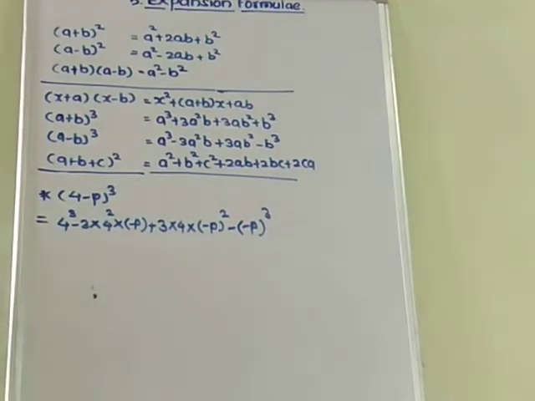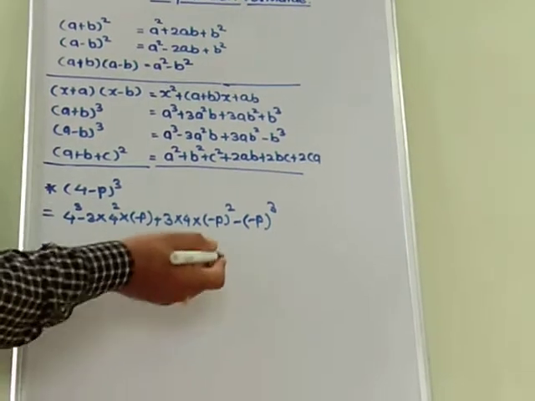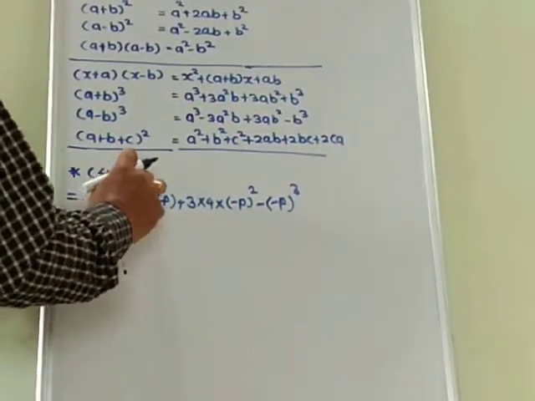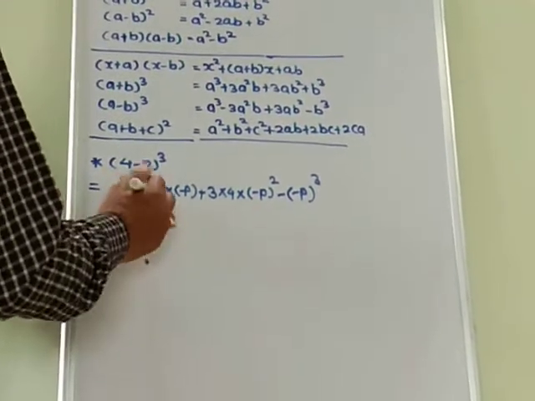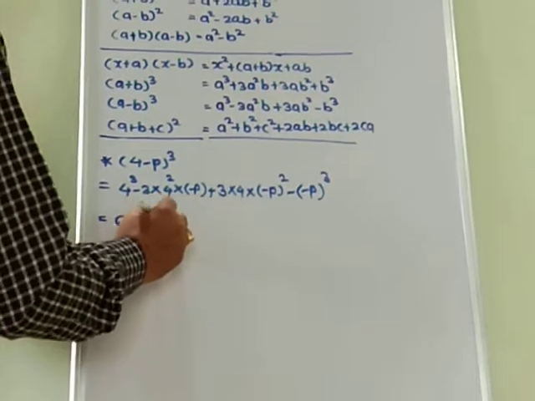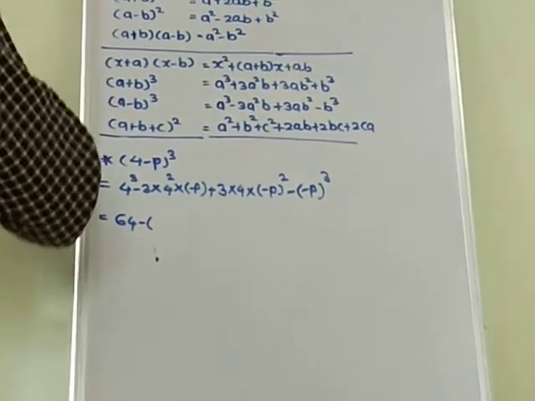Then what happens? 4 cube, 4 fours are 16, 16 fours are 64. For 16, 16 threes are 48, 48 into p, minus 48p, right?